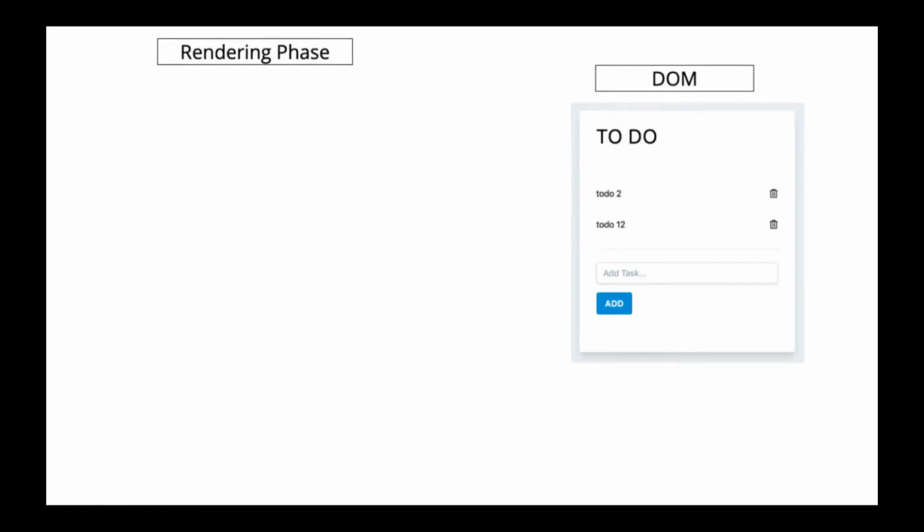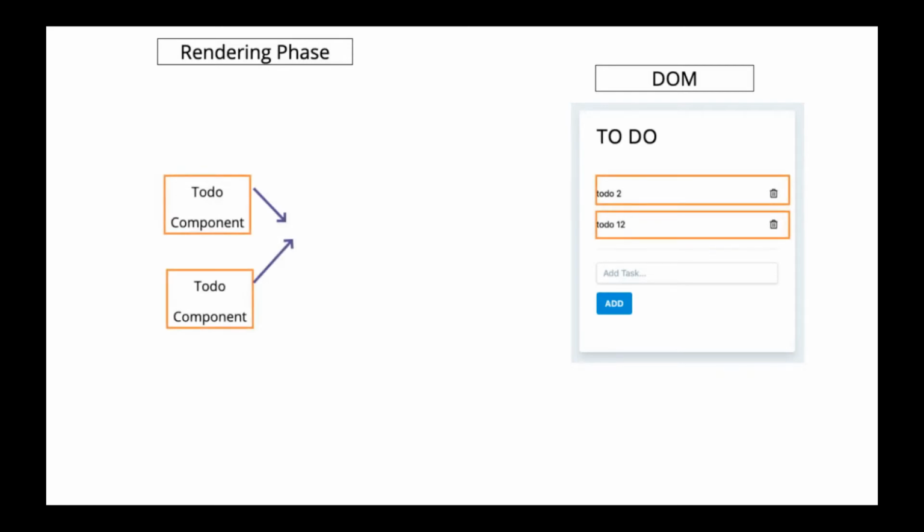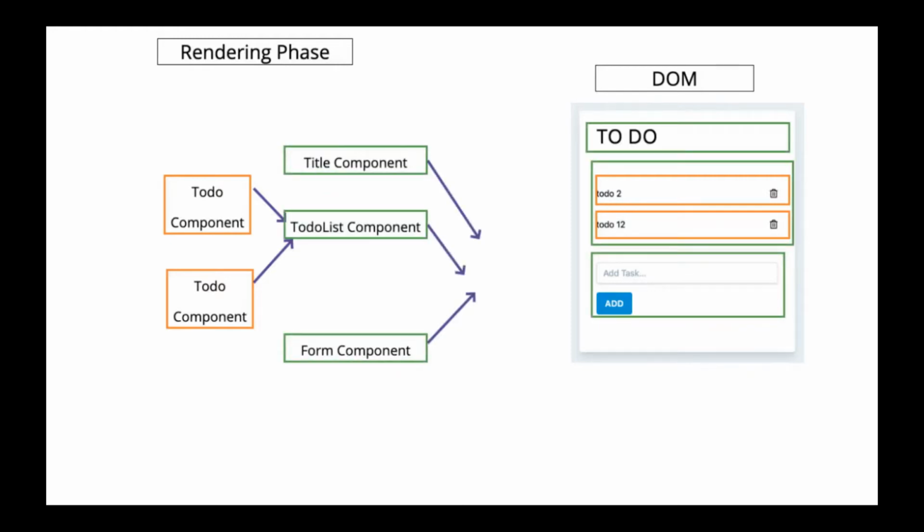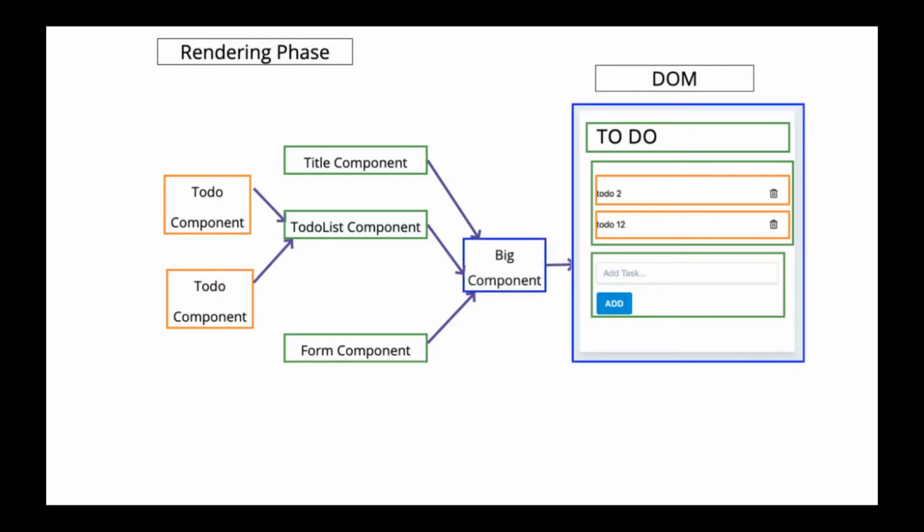So the rendering phase or the insertion phase: as we went recursively to the bottom, we are going recursively back to the top for the rendering. So we start by the subcomponents and they will render themselves into the upper component, and those upper components go to the global component and get inserted into the DOM.